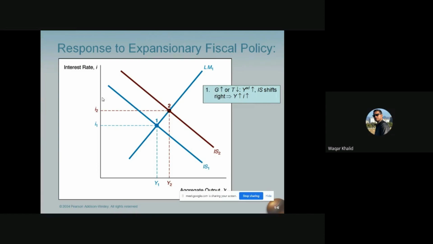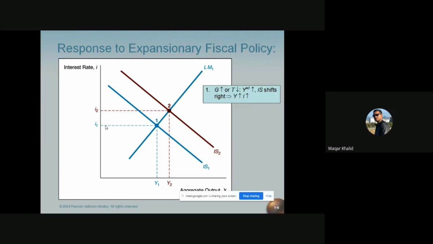Look, when the government spending has increased, output has increased as well as the interest rate has increased. That's why we can say that aggregate output and the interest rate are positively related to government spending when the federal government adopts the expansionary fiscal policy.